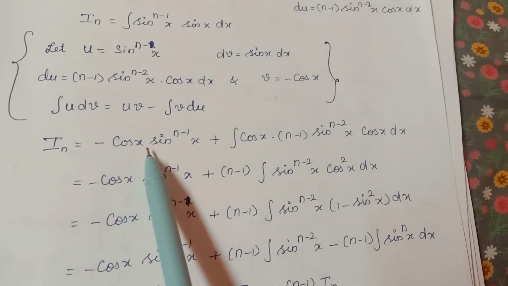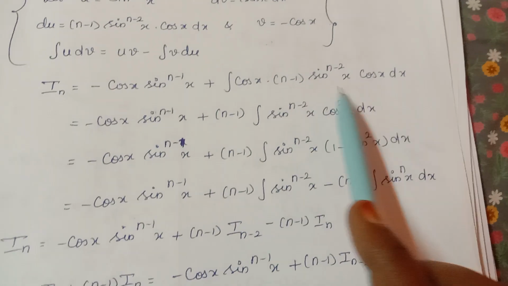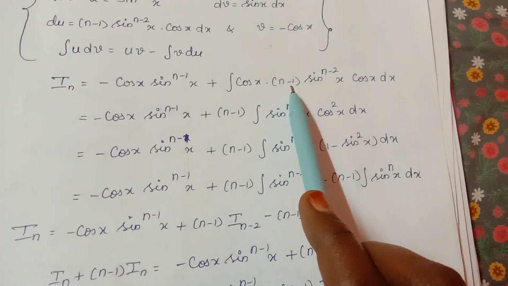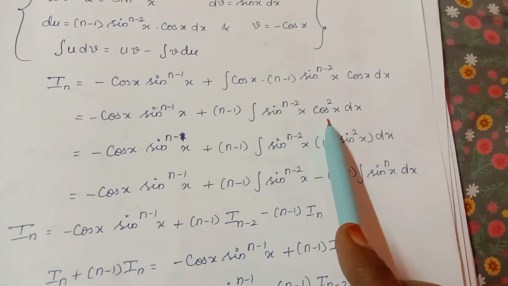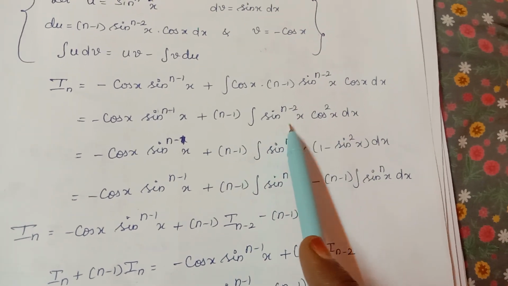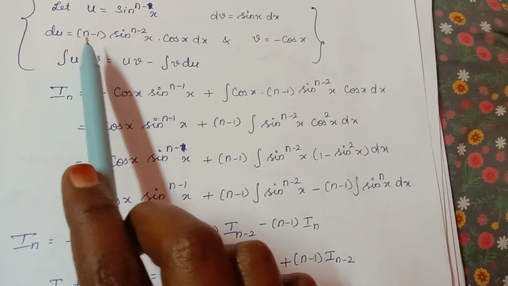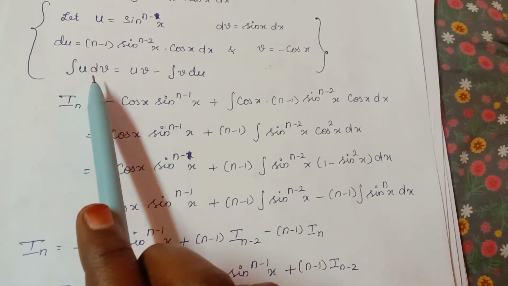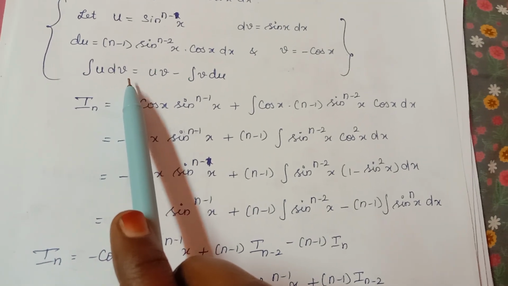So this term will remain the same throughout the simplification. Let us concentrate only on this integral. Here take n minus 1 outside, so sine power n minus 2 x into cos square x dx. Every time we do integration, the selection of u and dv plays a crucial role in integration by parts.